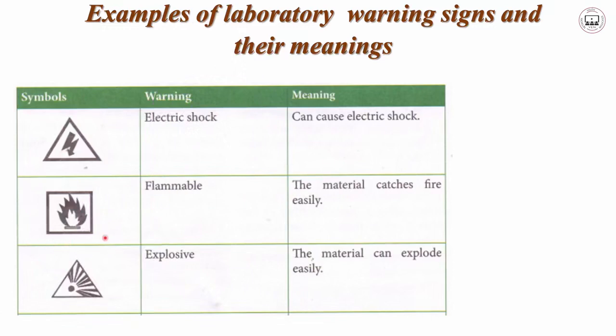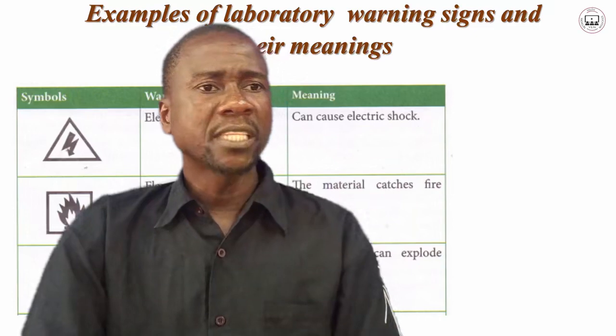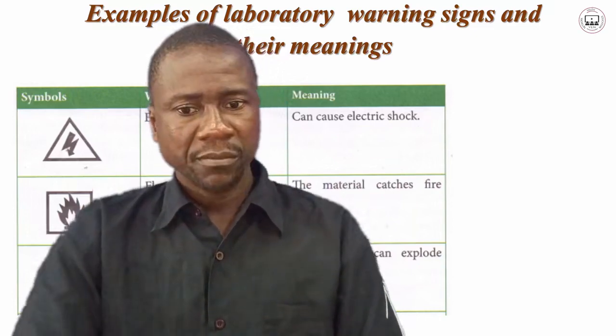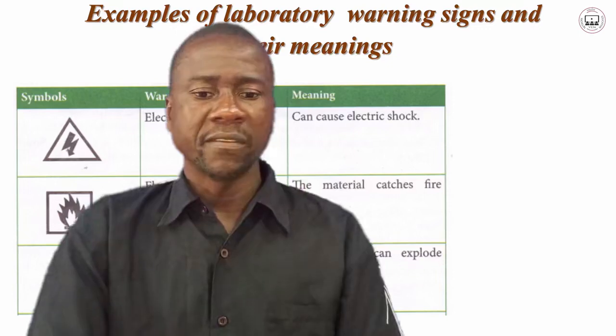Then there is another warning sign. This is inflammable, meaning around that area there are many inflammable materials, so the material can catch fire easily. Then we have another symbol, an explosive warning sign, and the meaning is that the material can explode very easily.